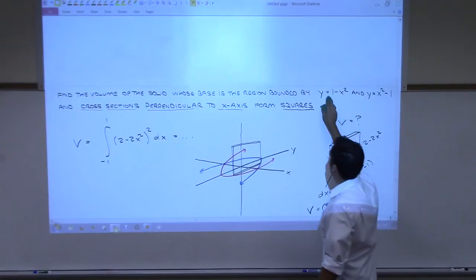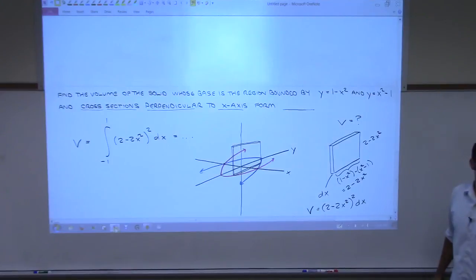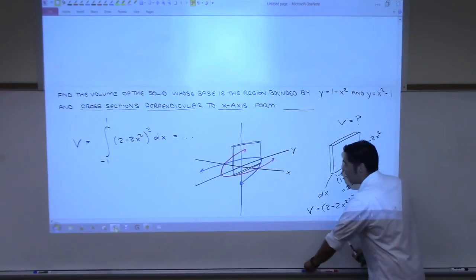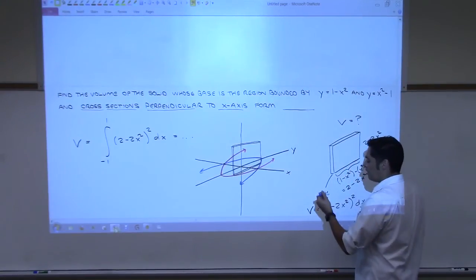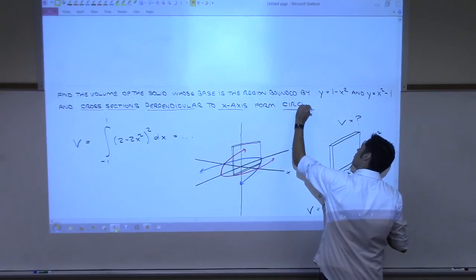Let's do, instead of squares, let's do full circles. Now I have to be a little more specific in this. Circles.